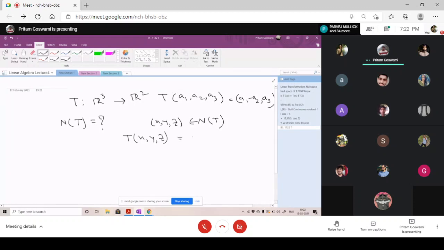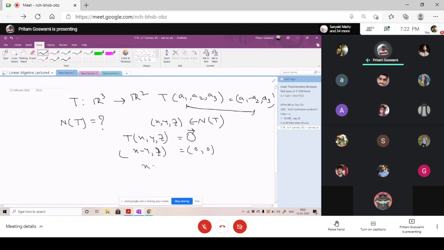If it belongs to the null space, the image will be the zero vector, (0, 0). From the definition, T of (x, y, z) is (x minus y, z), which equals the zero vector in R2, that is (0, 0).